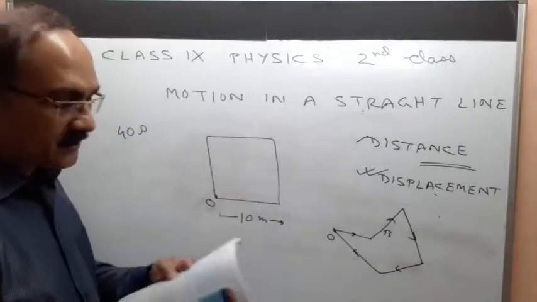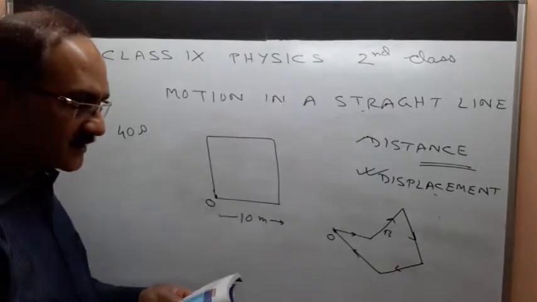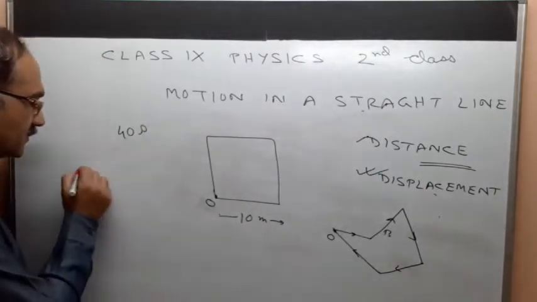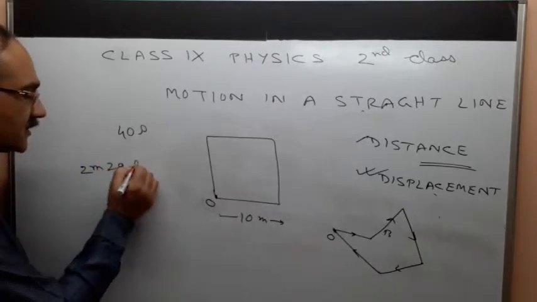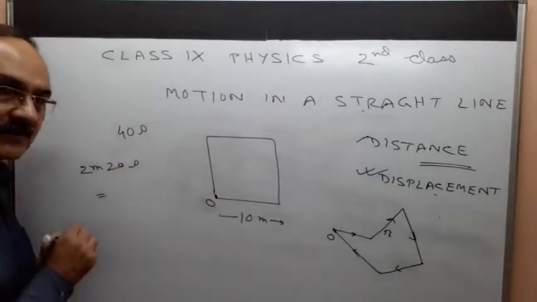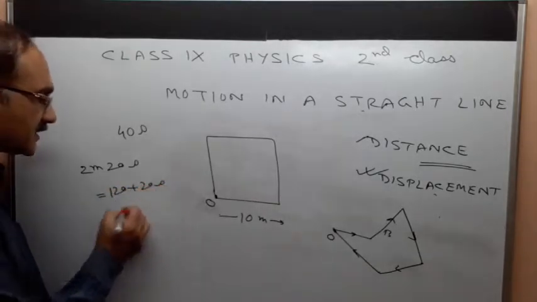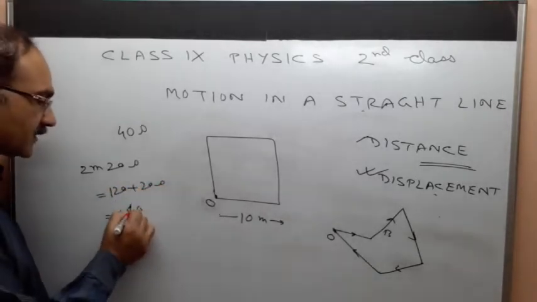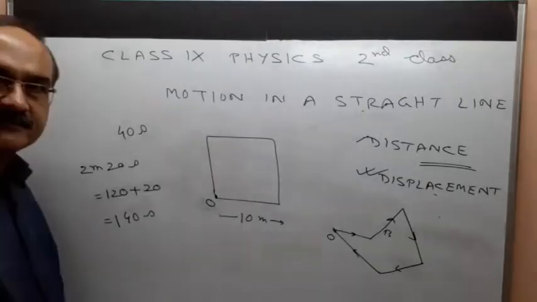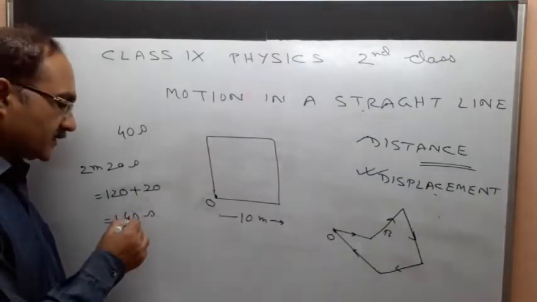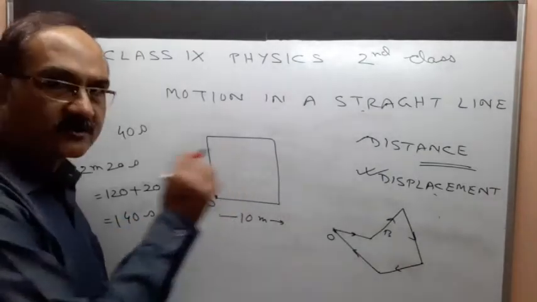Okay. Now we have to find his displacement after 2 minutes 20 seconds. So 2 minutes 20 seconds will be, 2 minutes means 120 seconds plus 20 seconds, that means 140 seconds. Okay. So after 140 seconds, we have to find his position.